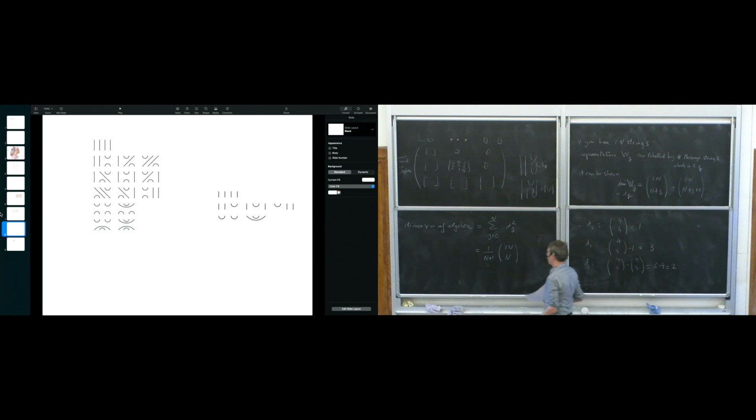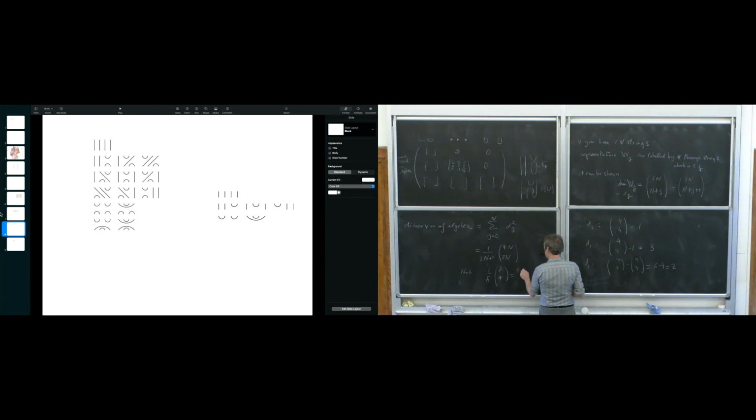For instance, for n equals 2, we get 1/3 times... So that's 1 over 5, 8, 4.